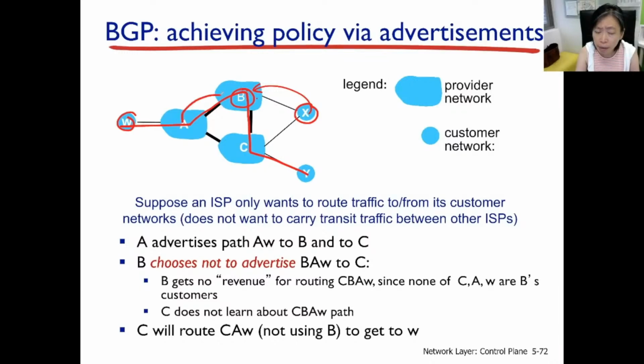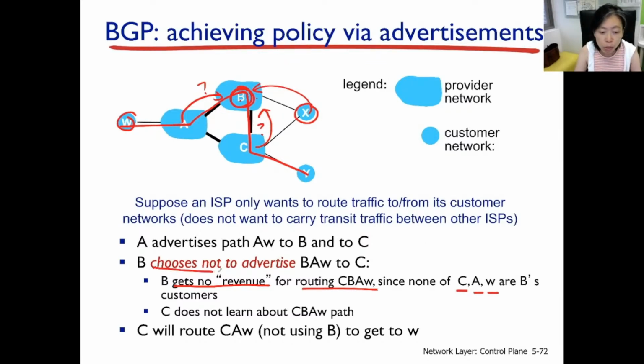Is A paying B? Is C paying B? Well, based on the setup of the problem, W, A, C are not paying B, and yet B is using its network resources to transit the traffic for A and C. So B gets no revenue for this route, BAW, because C and A, based on the scenario setup, are not paying B.